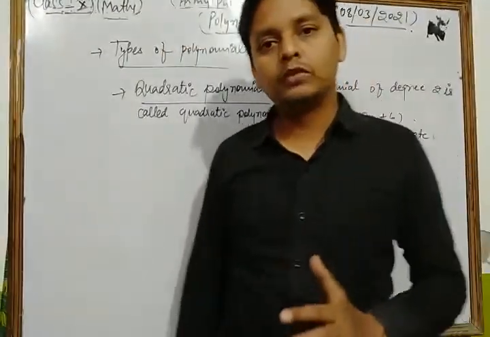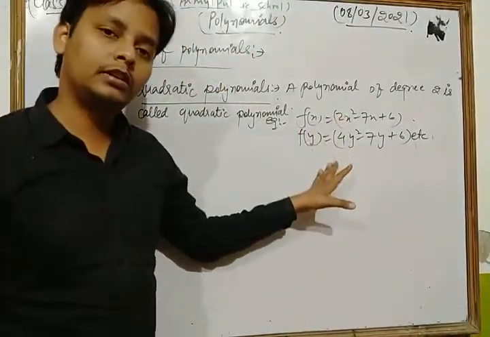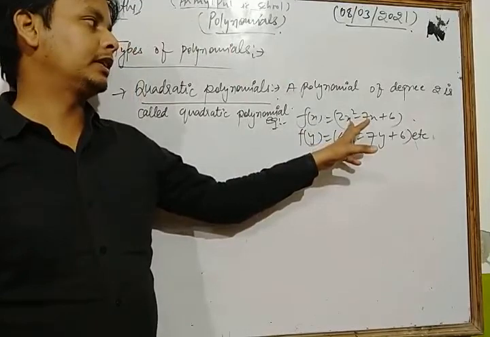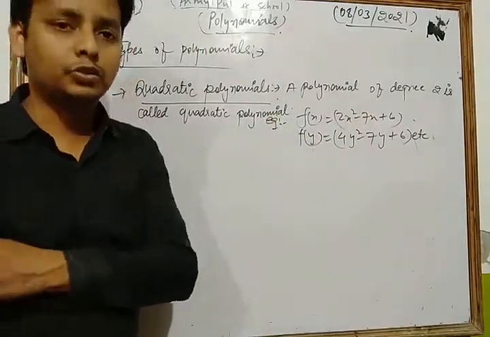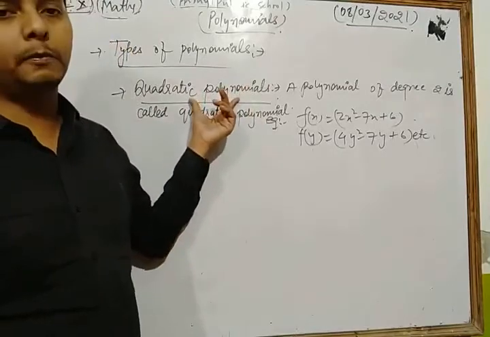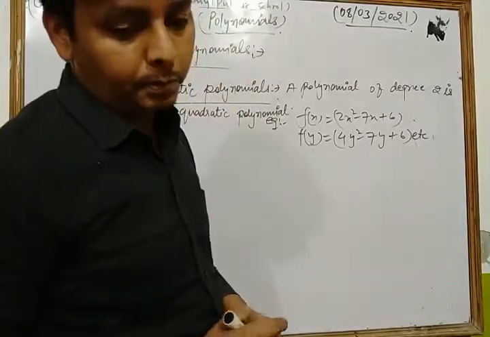Dear student, because in all these polynomials the highest power of the variable is 2. If the highest power of the variable is 2, then it is said to be a quadratic polynomial.